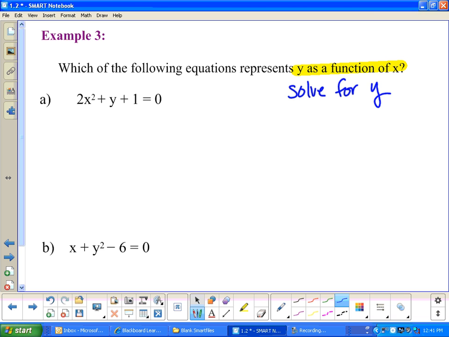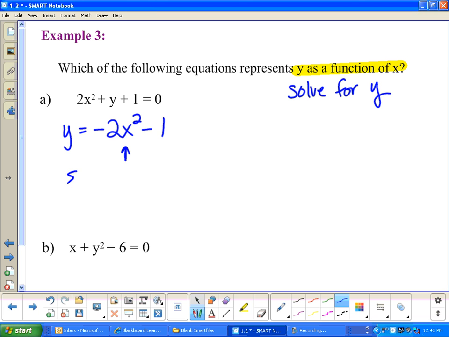So when I solve this for y, I'm going to subtract a 2x squared and 1 from both sides. So I get a negative 2x squared minus 1. Now for every value of x that I put in, I'm going to get out one value for y.